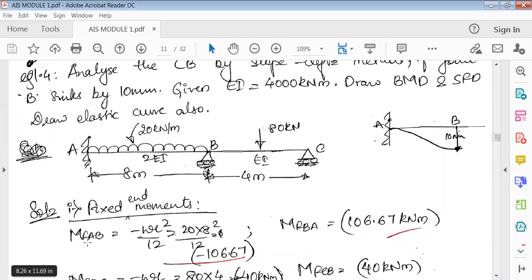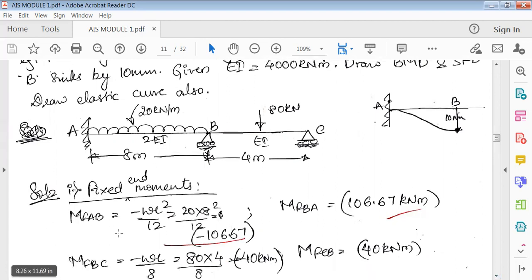That is MFAB and MFBA. So MFAB, it is a UDL, so as usual, WL square by 12. This is minus. The first sign is minus. Then MFBA is plus WL square by 8.